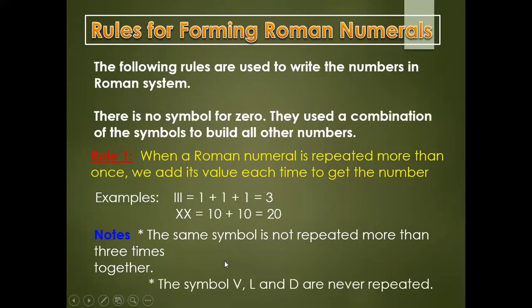That means I, that is 1, X, that is 10, C, that is 100 and M, that is 1000 can only be repeated, and that too maximum 3 times. They cannot be repeated more than thrice. Whereas V, that is 5, L, that is 50 and D will never be repeated. So that was rule number 1.